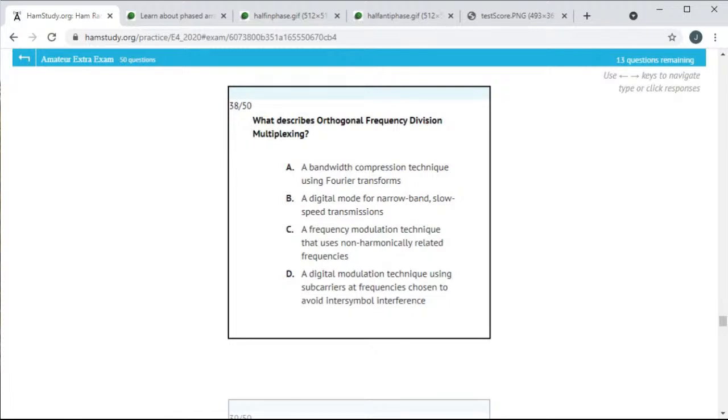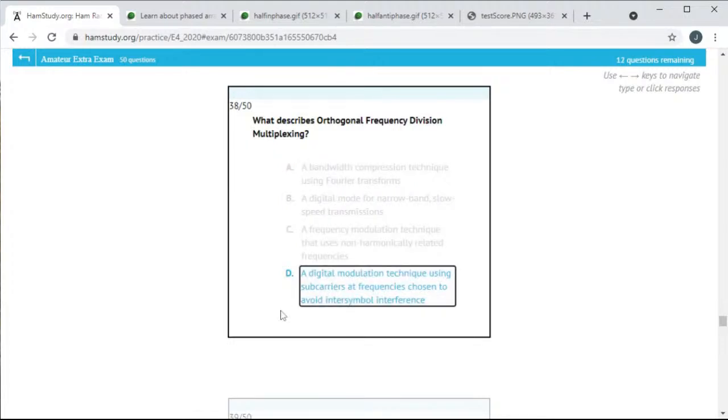D, a digital modulation technique using subcarriers at frequencies chosen to avoid intersymbol interference.